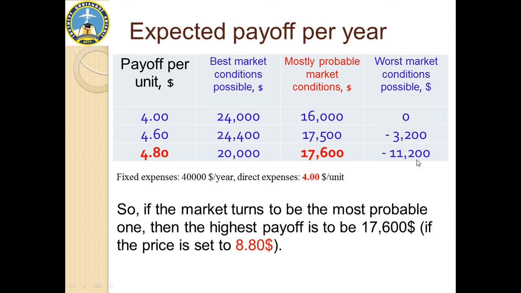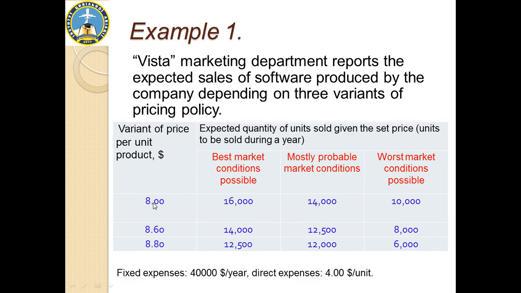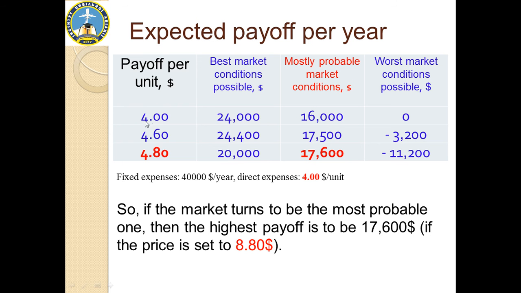We note that at the price option of 8, when the payoff is only $4 per unit, the company may not be making money if the market turns to its worst conditions, and the company may actually lose money if it sets the price to a higher value of 8.6.